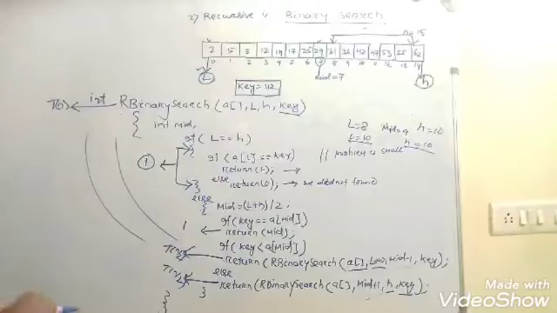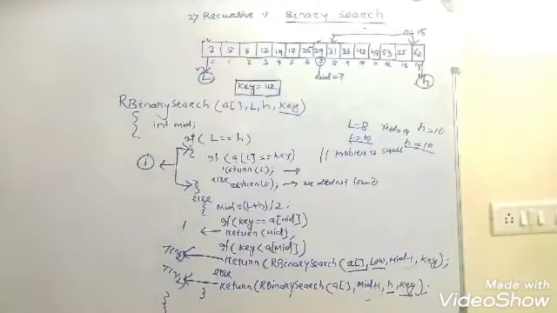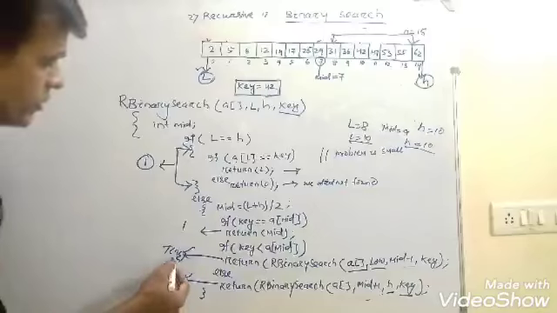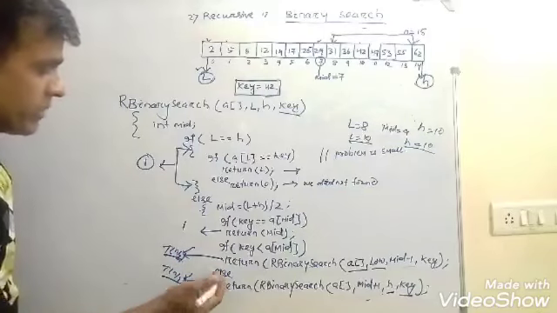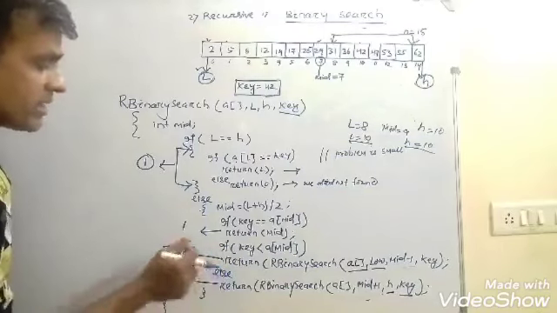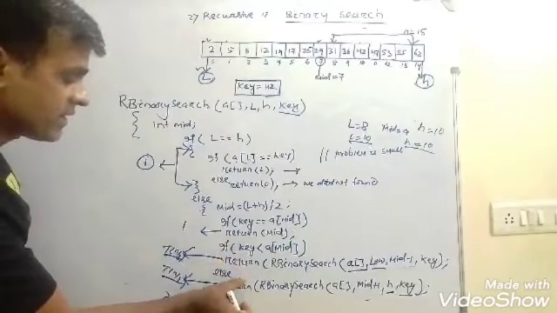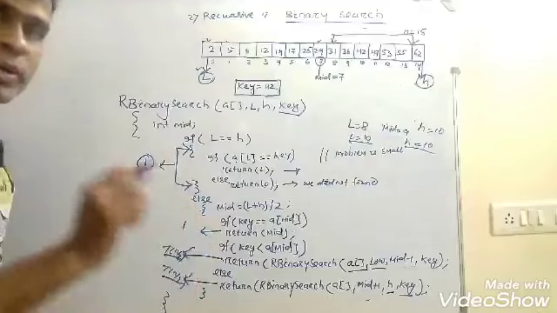So to solve the time complexity of this, we have to write the recurrence relation. So let us solve the recurrence relation for binary search. Here it will be Tn by 2, here it will be Tn by 2, but it will execute only once, because if the key is less than mid, this part will execute. If the key is greater than mid, this part will execute. So it is not 2Tn by 2.